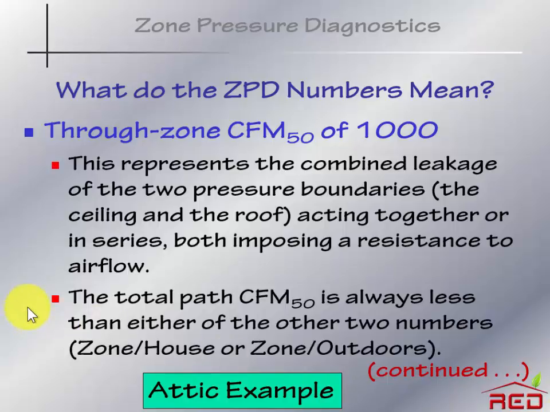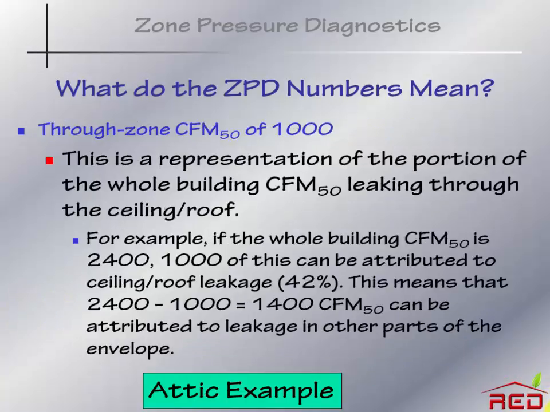Therefore, the total path CFM50 is always less than either of the other two numbers. And as we have already gone over, the total path number of 1000 gives us the idea of the leakage through the top of the house. And there's an example here, 42%, which is portrayed in the red tool results.